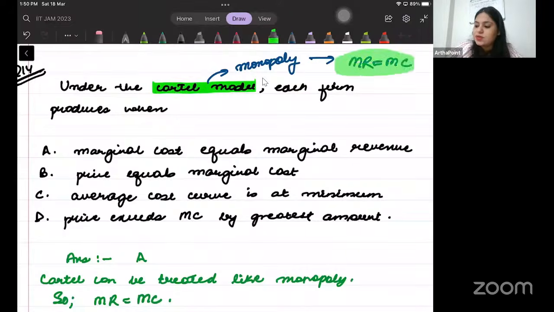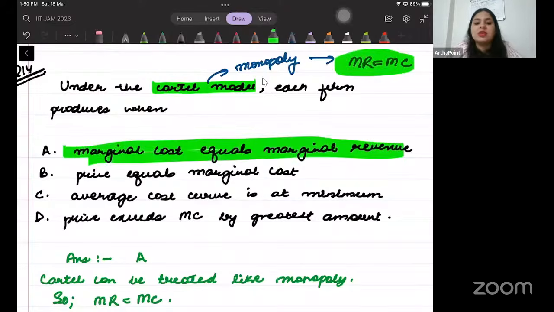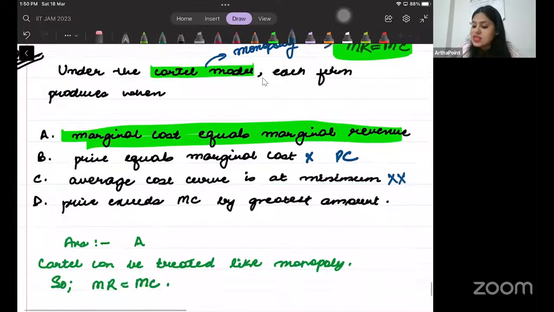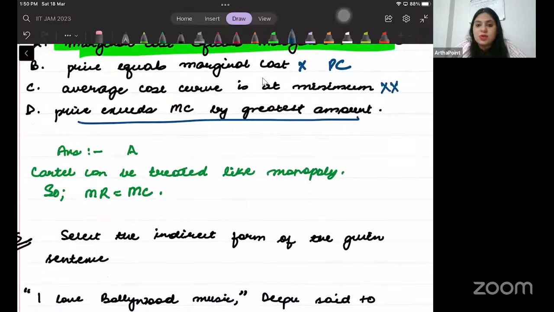So the answer will be A, when MR is equal to MC. The average cost curve at minima cannot be a cartel; that is perfect competition. You are producing at much higher profit. And price exceeds cost by the largest amount? No, we need one quantity, and that is where MR is equal to MC.